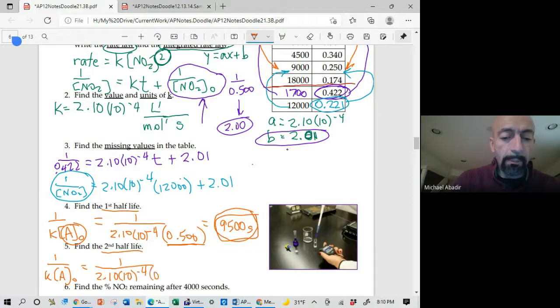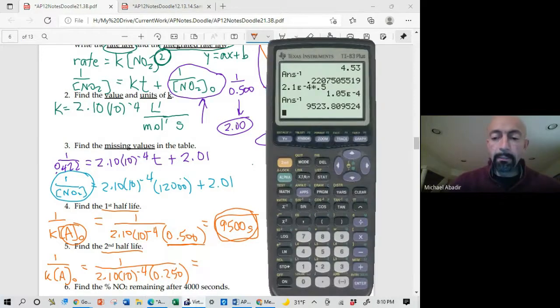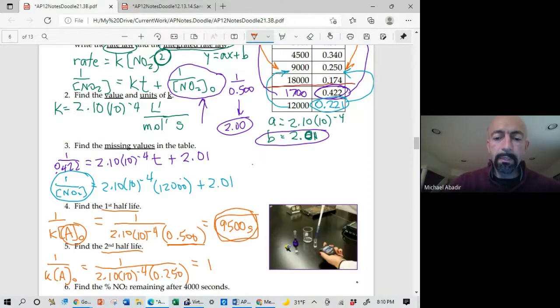Now we put 0.250 here. And we're going to do the math for that. So let's grab out our calculator. I'm going to do it the same way I did before. 2.1 e negative 4 times 0.250. And then we inverse that, and we get 19,000. So this is 19,000 seconds.